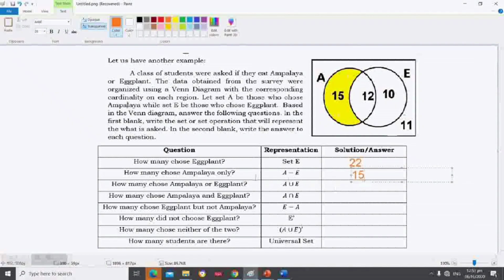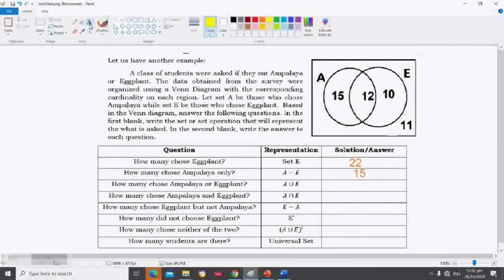Okay, let us proceed to the next question. How many chose ampalaya or eggplant? So the representation or the set operation that will represent that question is A union E. To represent A union E, we're going to shade. We have here 15 plus 12 plus 10, and the answer is 37.